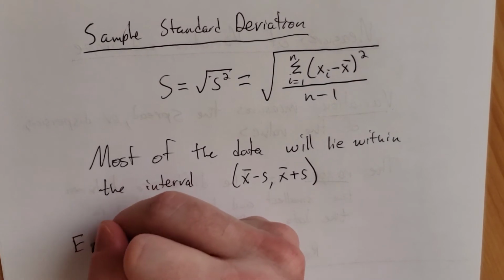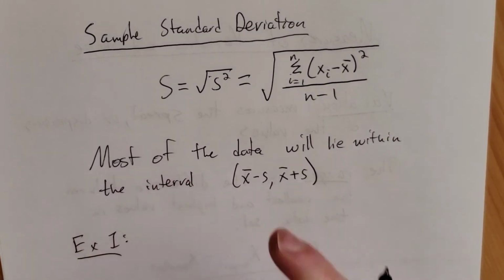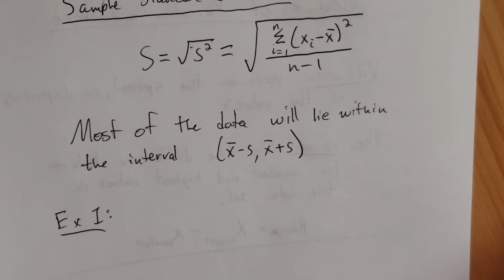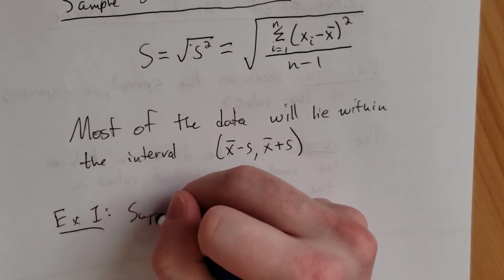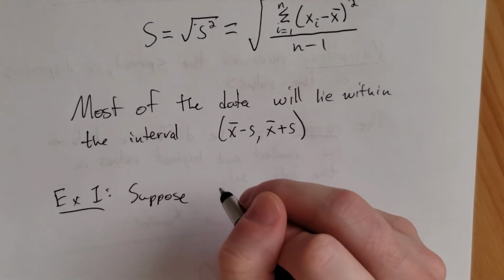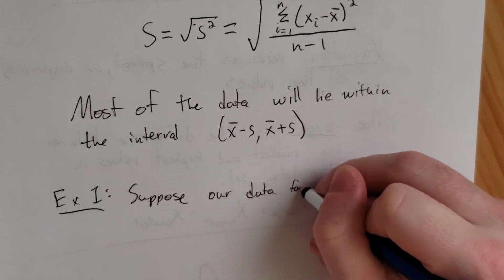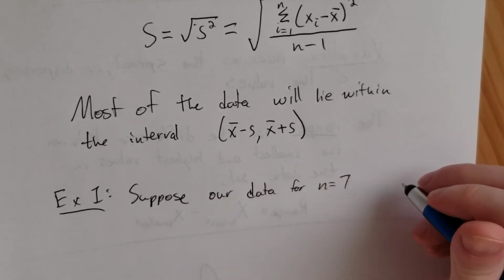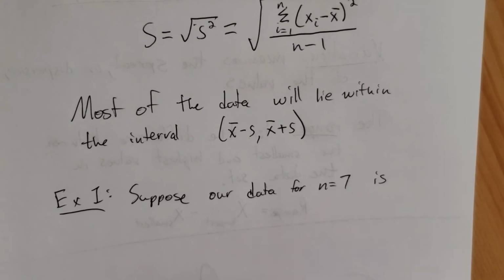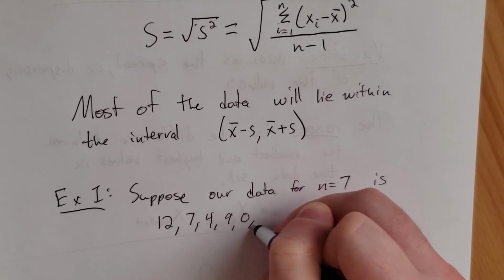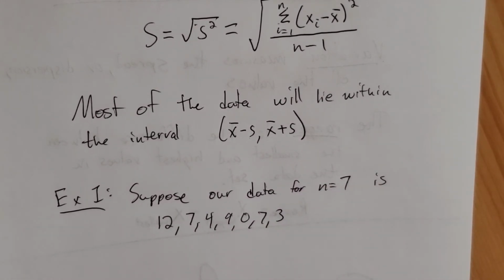Okay, let's do a quick example related to finding the standard deviation. All right. So let's suppose our data for n equal to 7 points is, so we just have 7 data points, and those values are 12, 7, 4, 9, 0, 7, and 3.